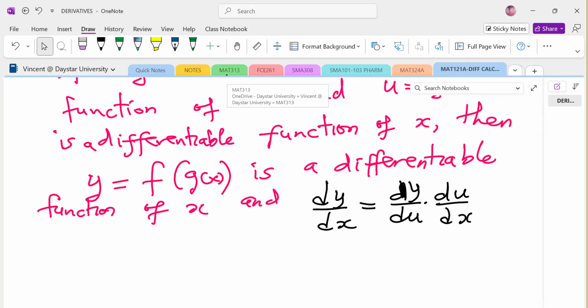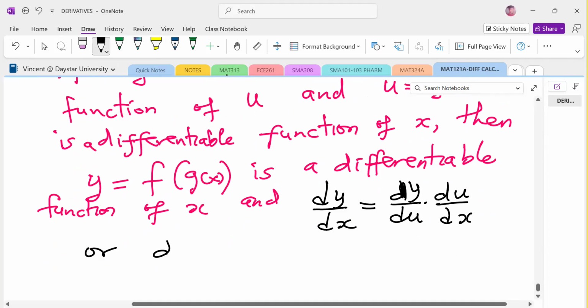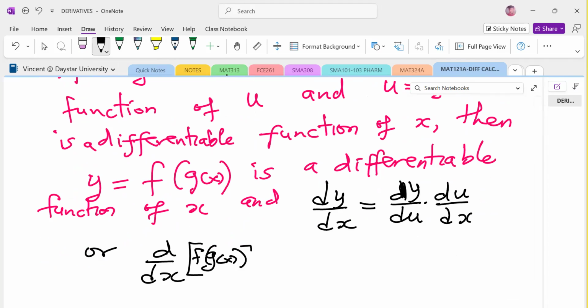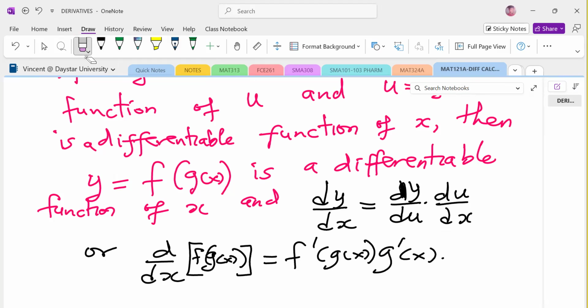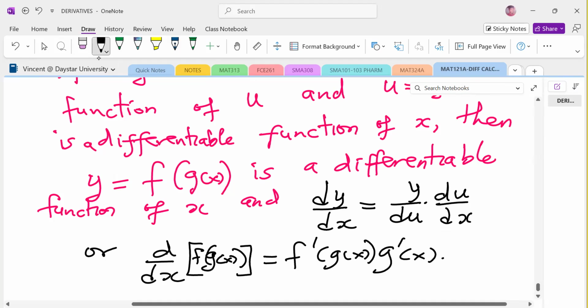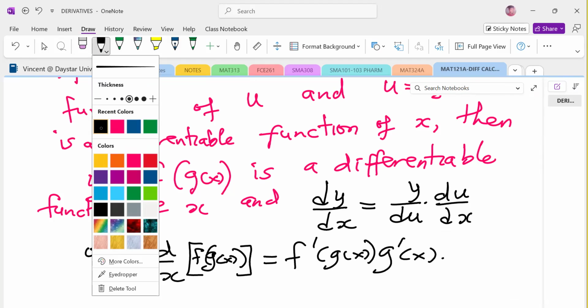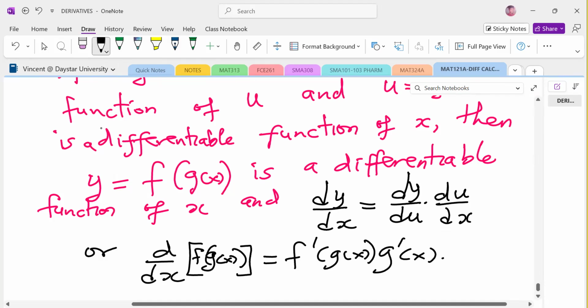Or we can write the derivative of f of g of x is the same as f prime of g of x times g prime of x. So this is what we call the chain rule, applicable for composite functions.